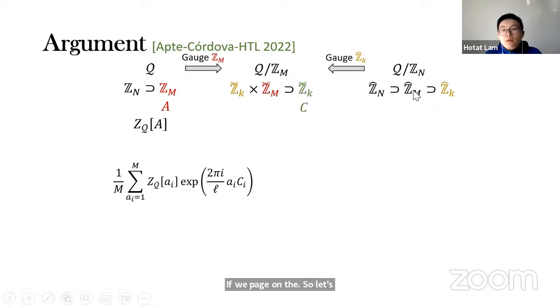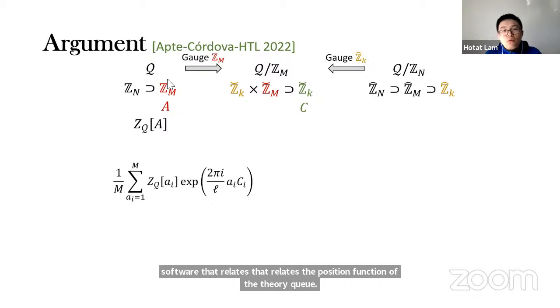Let's split the symmetry of Q mod Zn, first considering the Zm part and then the Zk part. For the Zm part, we also have good control over its partition function, because there's a self-duality that relates the partition function of the theory Q and the partition function of the theory Q mod Zn.